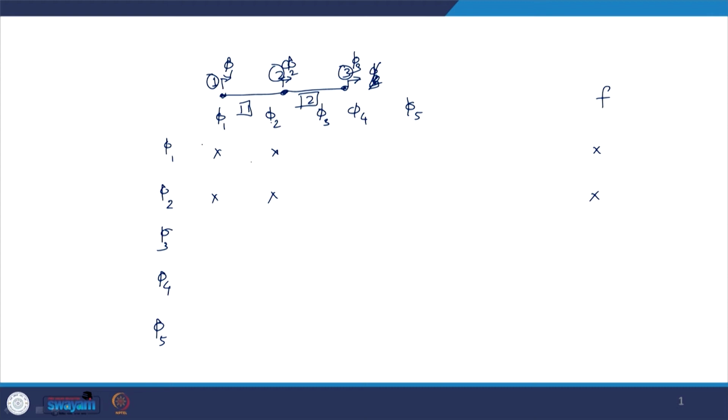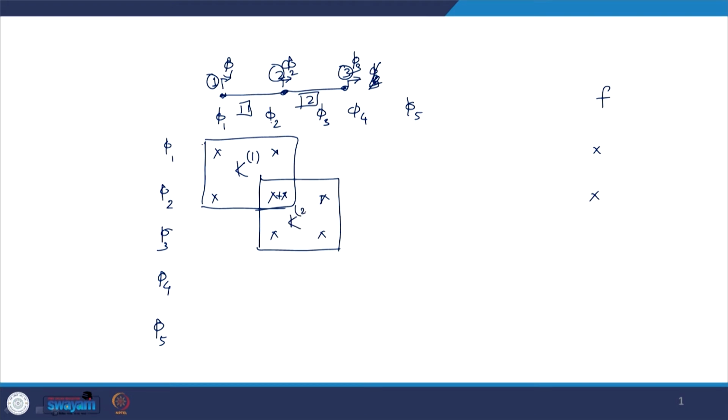So, for element number 2, this is k 1, and then I have k 2.